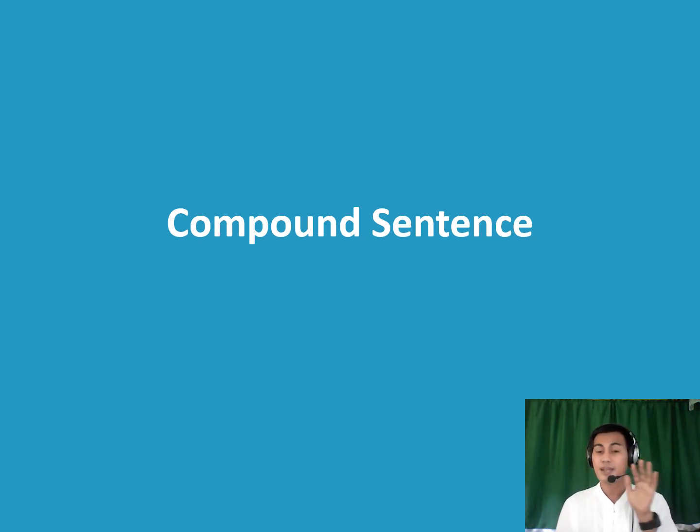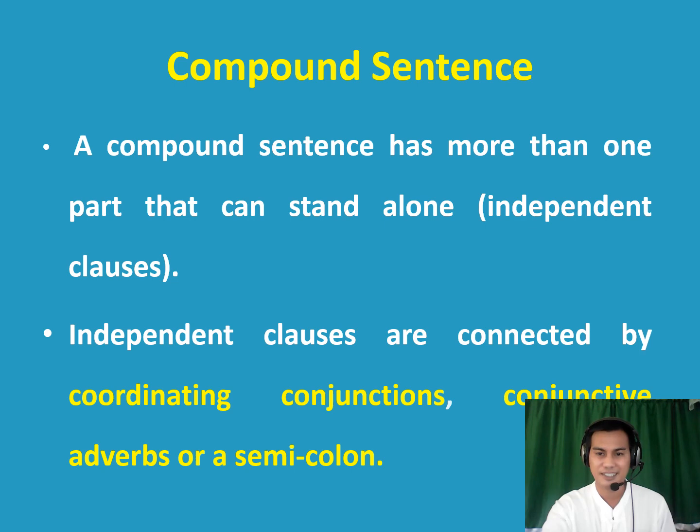Okay. Now let's go to compound sentence. Of course, like I told you earlier, the difference between the word simple and compound: simple one, compound two. Now this will give you an idea what a compound sentence is. A compound sentence has two sentences, two simple sentences actually.